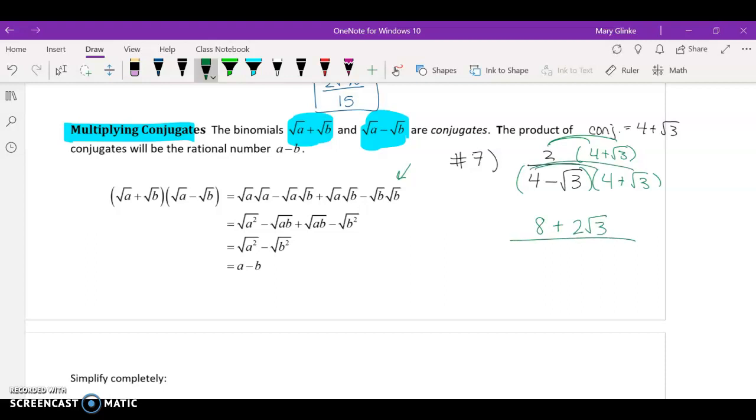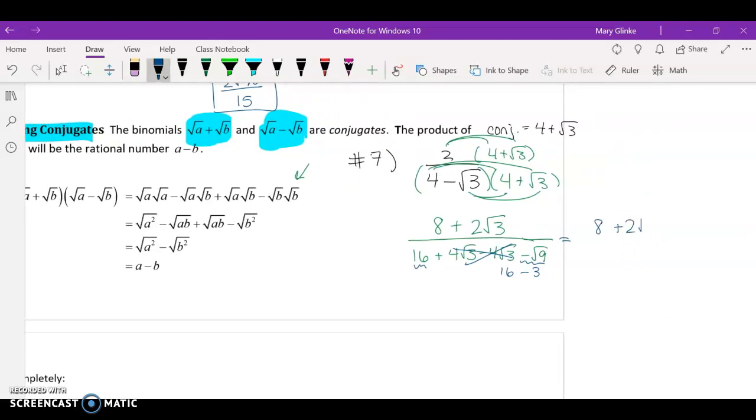We're also going to distribute our denominator. It would become 16 plus 4 root 3 minus 4 root 3 minus root 9. And so this is exactly what's supposed to happen. These square roots are going to undo each other. They cancel each other out. The square root of 9 is 3. So my denominator really becomes 16 minus 3.